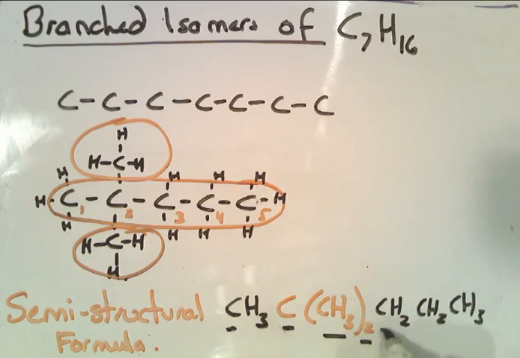So each of these carbons is the carbon along the main chain. So you've got 1, 2, 3, 4, 5. And then any bits and pieces hanging off it, you write after that carbon. If there's a couple of different things hanging off it, you can put them in brackets. So if you wrote CH3 in there without the brackets, it would be very confusing.